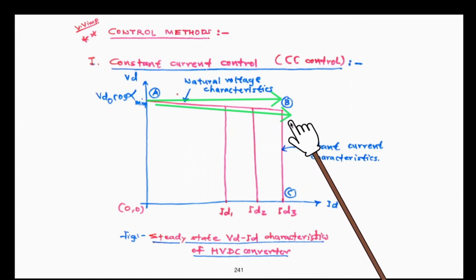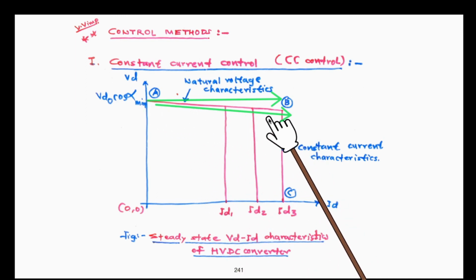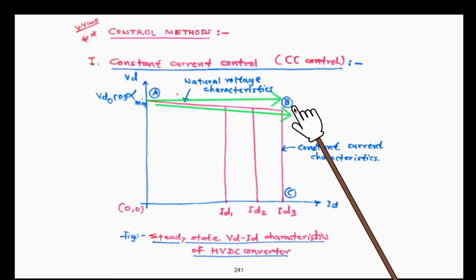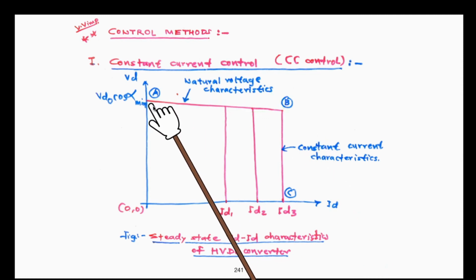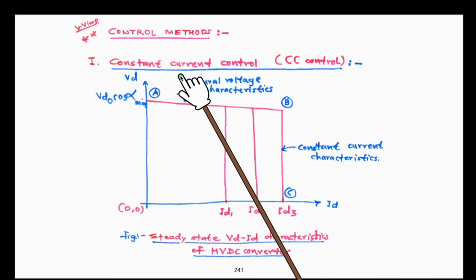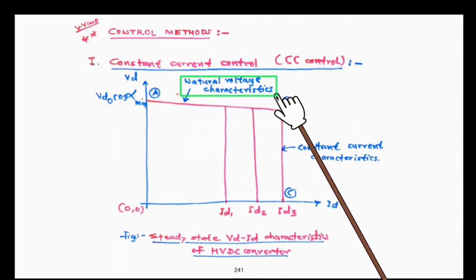This particular area from point A to point B, you can see this particular part, is called the natural voltage characteristics.